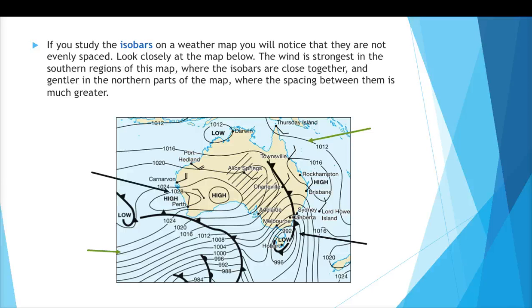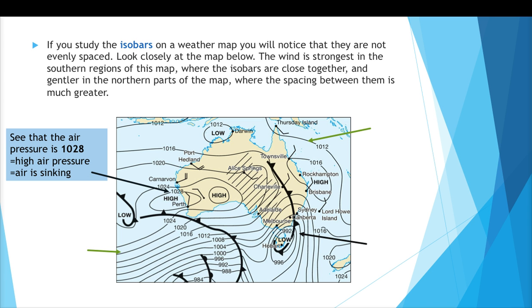The wind is strongest in the southern region of this map, where the isobars are close together, and gentler in the northern parts of the map, where the spacing between them is much greater. So we can tell from this map that in the southern region, the wind is quite strong because the isobars are close together. However, around Darwin and Townsville and Alice Springs, there's not much wind because they're quite far apart. So that's how we can tell the strength of a wind, by looking at a weather map.